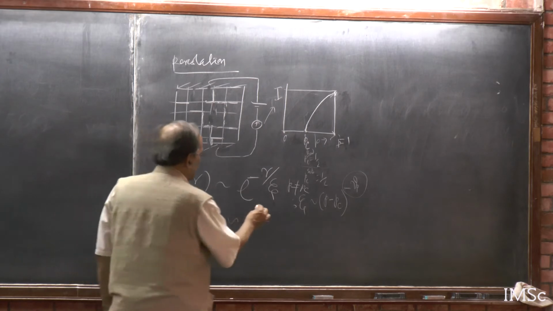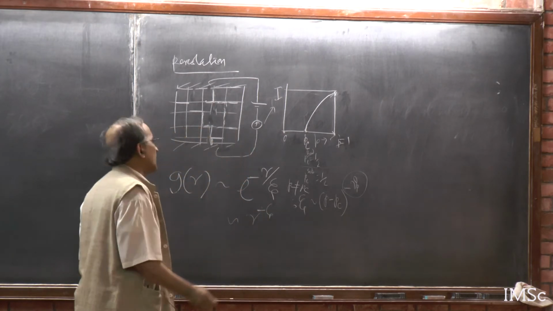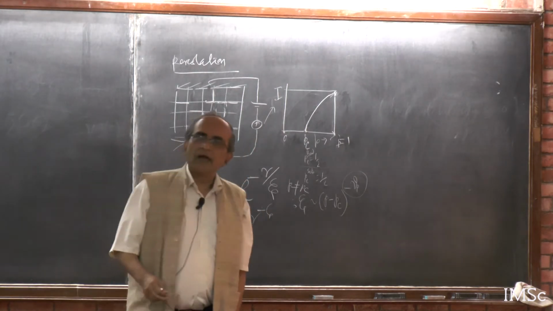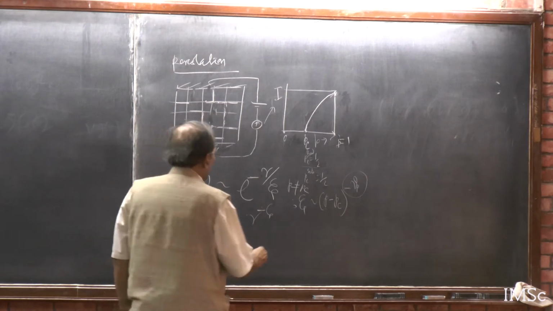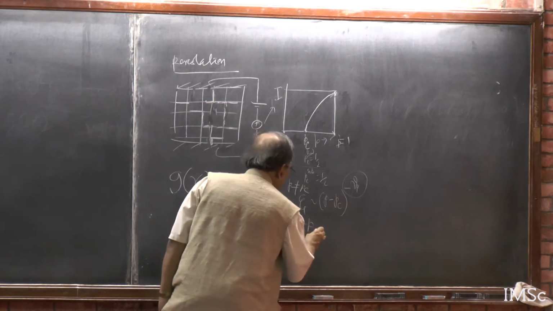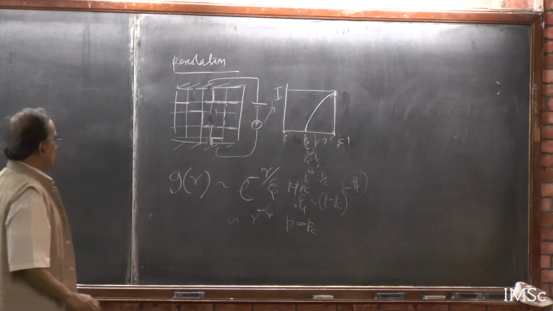We have to utilize that also. It is called zeta or whatever, and that also is a universal number, at P equal to Pc. We need to remember these two things.